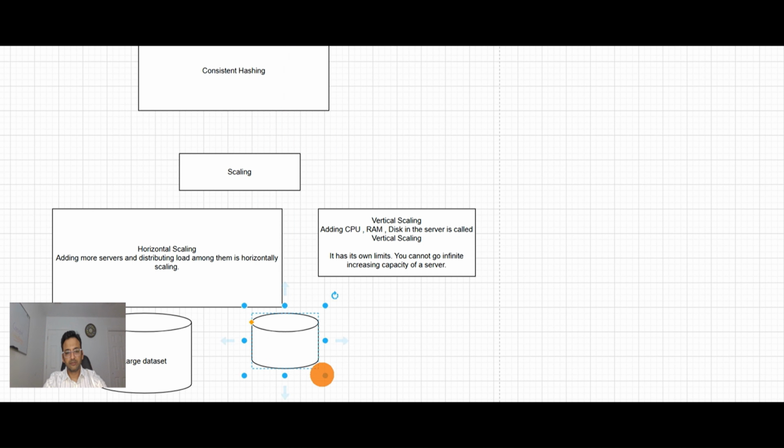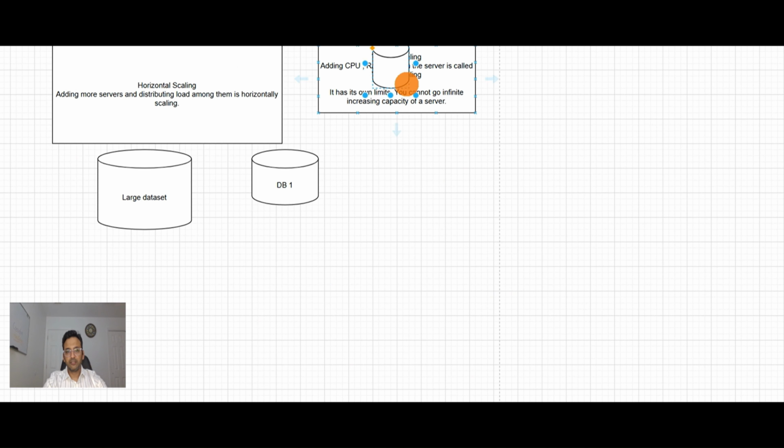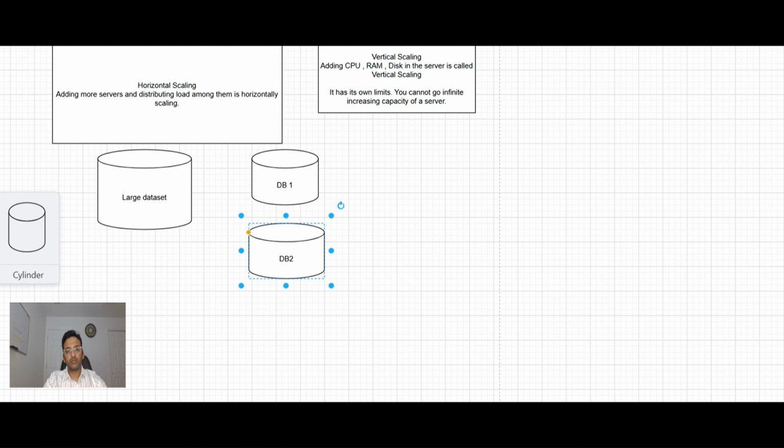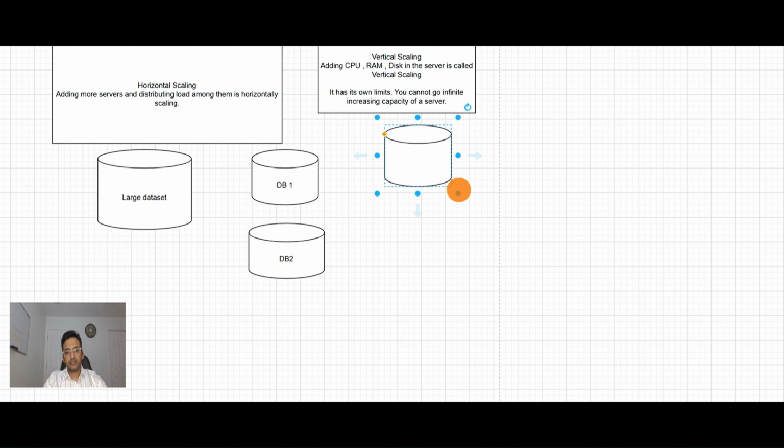The same large data becomes DB1 and DB2. So now in the RAM of server 1 you have DB1, and in the other you have DB2. So this data is stored there. Now you get more servers, and you divide the data further.